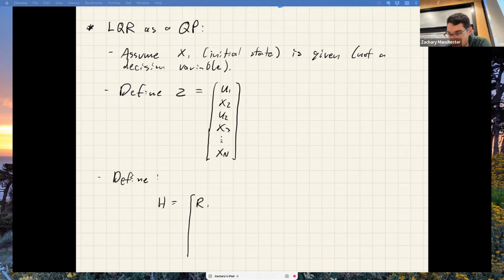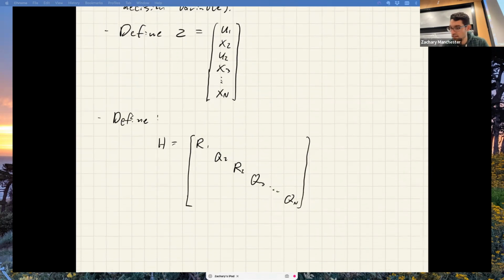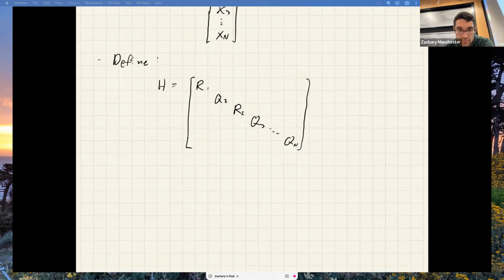So R1 to go with u1, Q2 to go with x2, R2, Q3, dot, dot, dot, up to Qn. We define that such that the cost function now just looks like 1/2 z transpose H z.